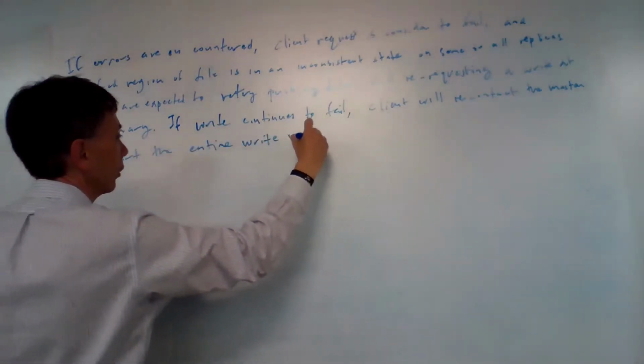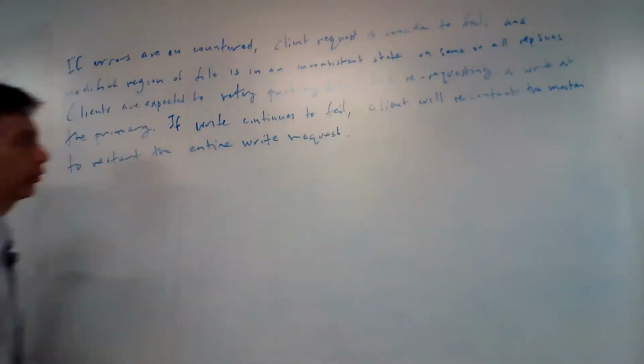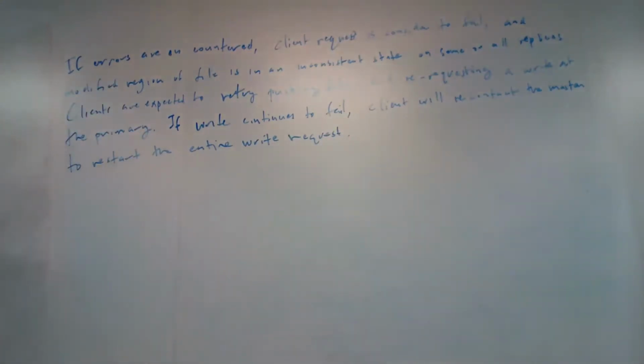So the assumption here is that if we keep retrying this, and it's not working, then there's something wrong with one of the replicas. It's dead, it's not a replica anymore, it can't communicate, its disk is full, something weird is going on with the replica.